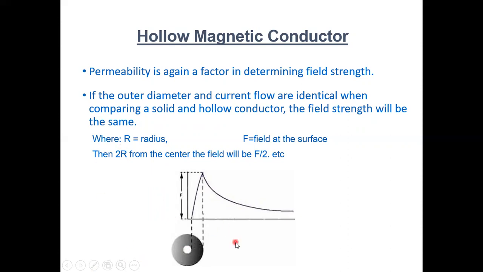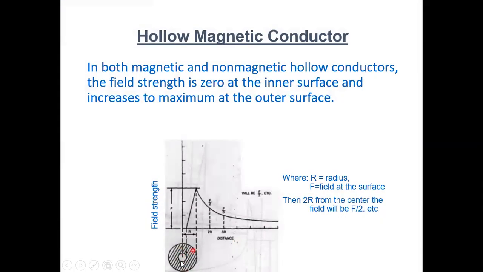Now we are going to see this diagram very carefully. In both magnetic and non-magnetic hollow conductors, the field strength is zero at the inner surface and increases to a maximum at the outer surface. Here we get the maximum field. Now we can consider F here, then F/2, then F/3, and F we are getting at a radius.